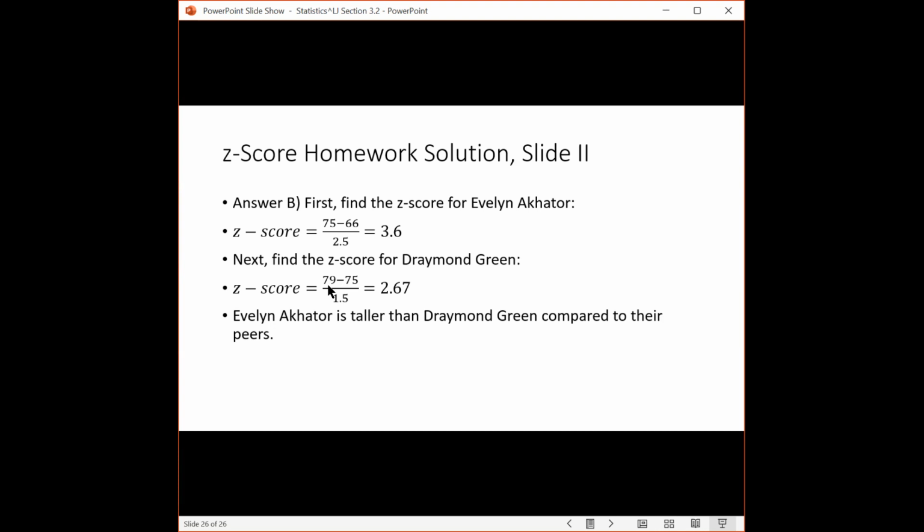Draymond Green's height is 79 inches, the mean for men is 75, and the standard deviation for men is 1.5. So we get 2.67. So at least comparing to their peers, Evelyn is taller than Draymond Green using that standard. Obviously Draymond is taller in terms of 79 versus 75, but compared to their peers, Evelyn is taller.